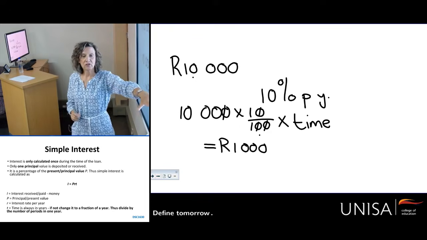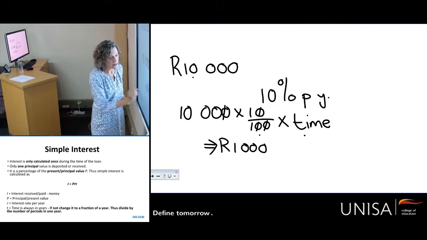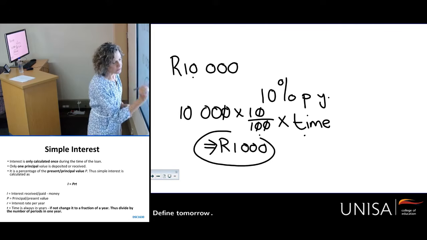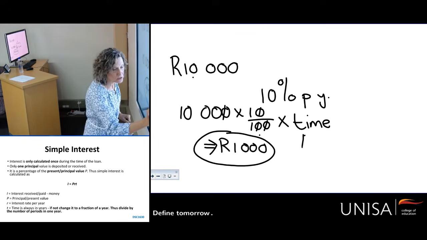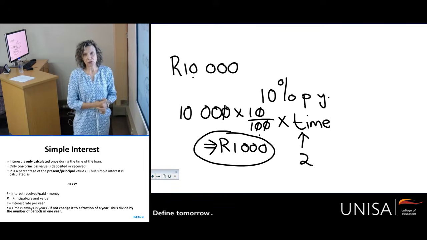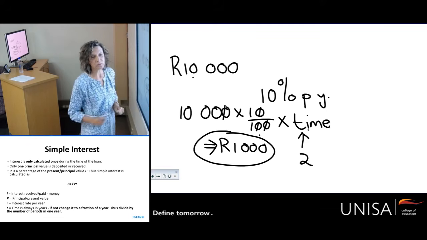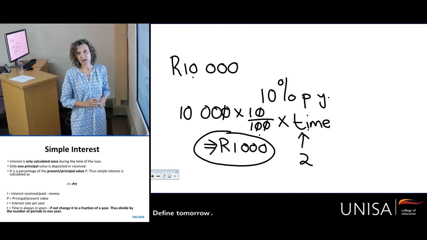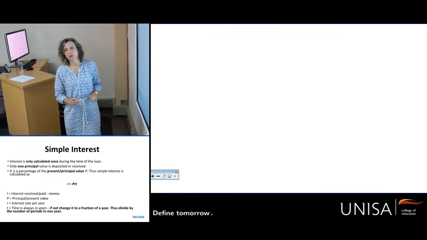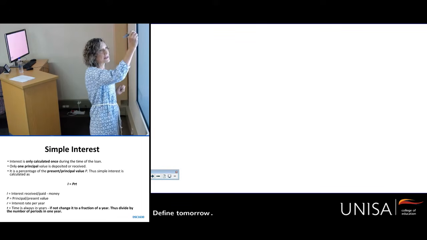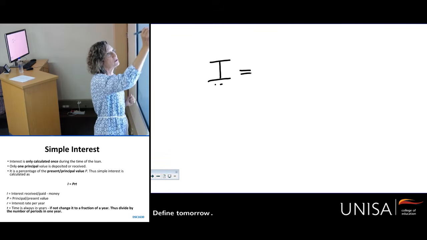Depending on the time that you invested, we get another answer for our 1,000 Rand. If it's for 2 years, it will be 2,000, because our time period will then be 2. If it was just for 1 year, our time period would have been 1, and that would have given us 1,000 Rand.